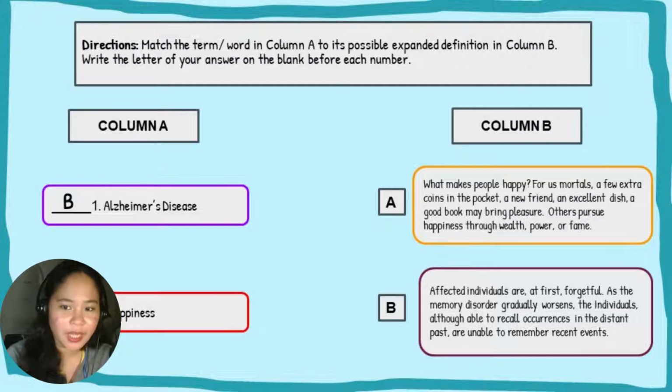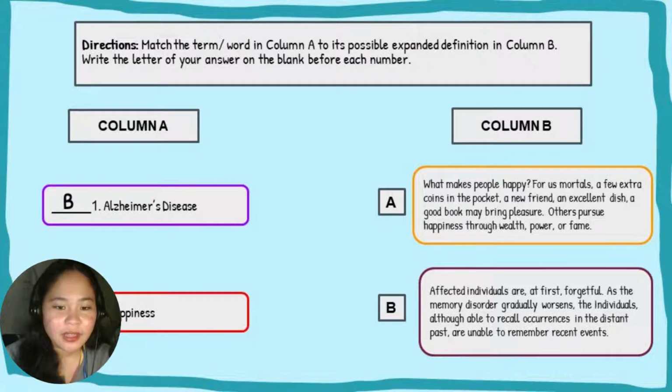So we have column A and column B here. Let's have number 1. We have the word Alzheimer's disease. All you have to do is find the possible expanded definition for the word Alzheimer's disease. Is it A or B?